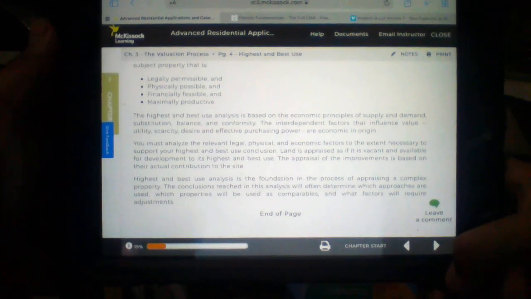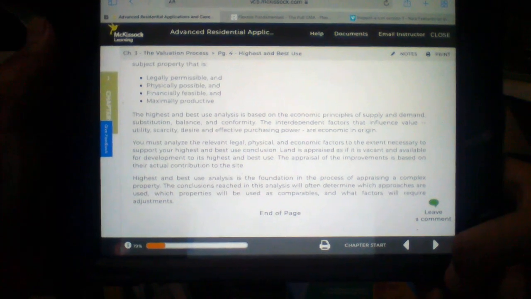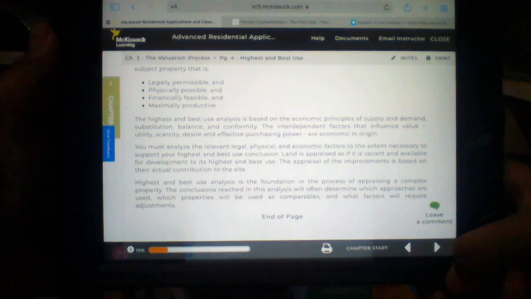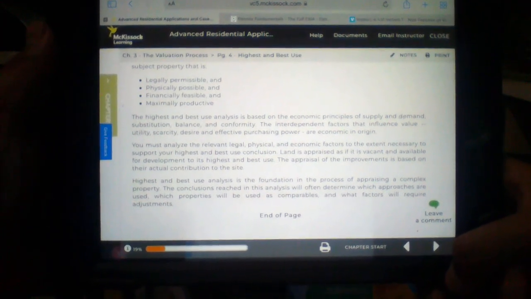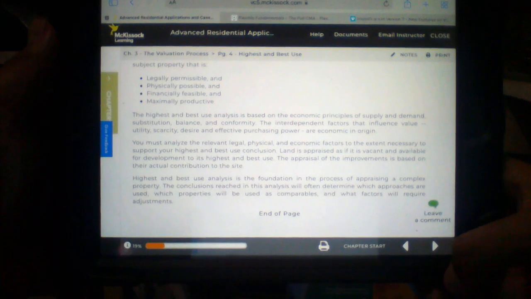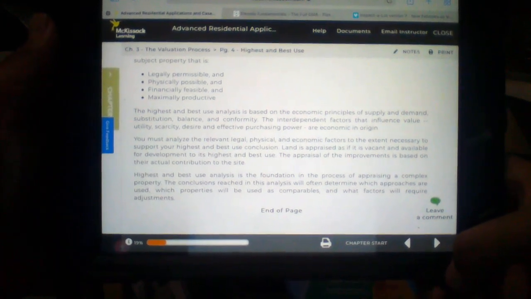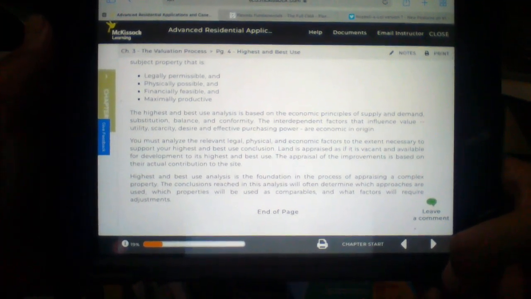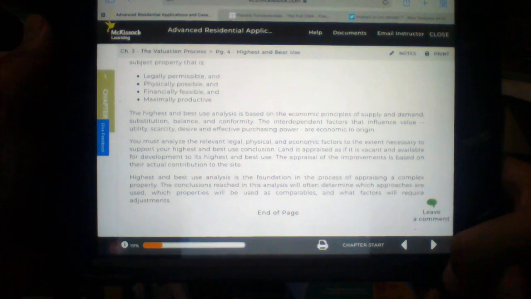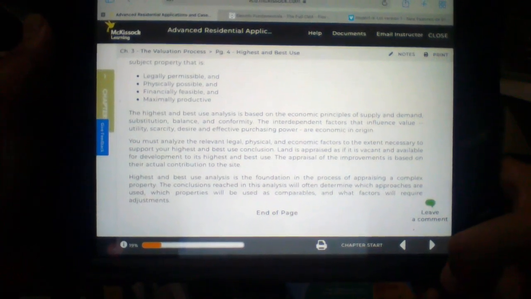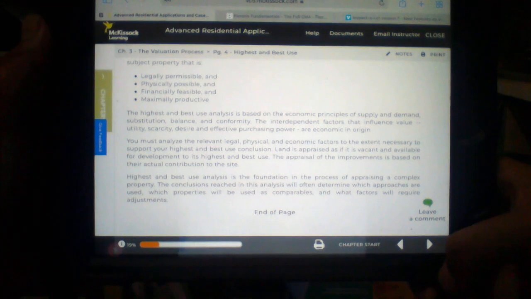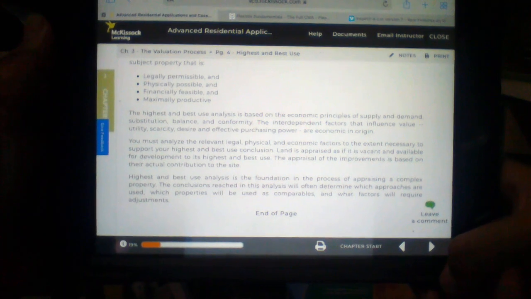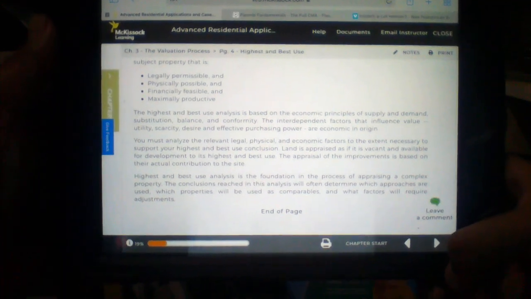The highest and best use analysis is based on the economic principles of supply and demand, substitution, balance, and conformity. The interdependent factors that influence value, utility, scarcity, desire, and effective purchasing power are economic in origin. You must analyze the relevant legal, physical, and economic factors to the extent necessary to support your highest and best use conclusion.